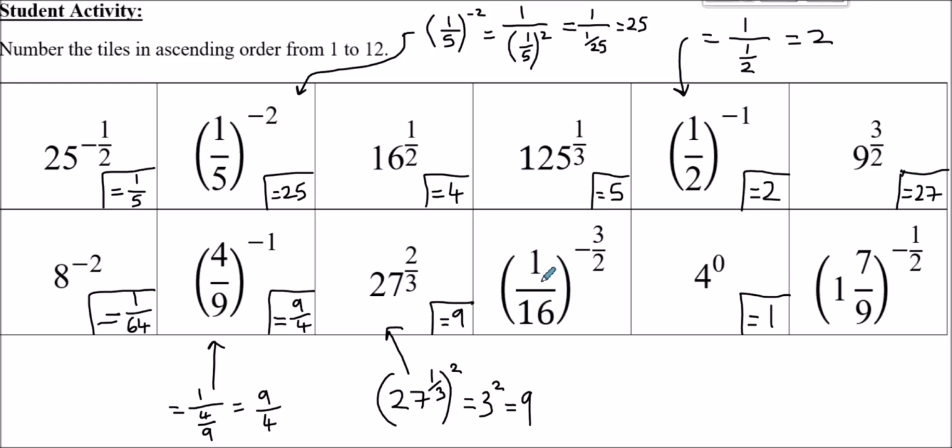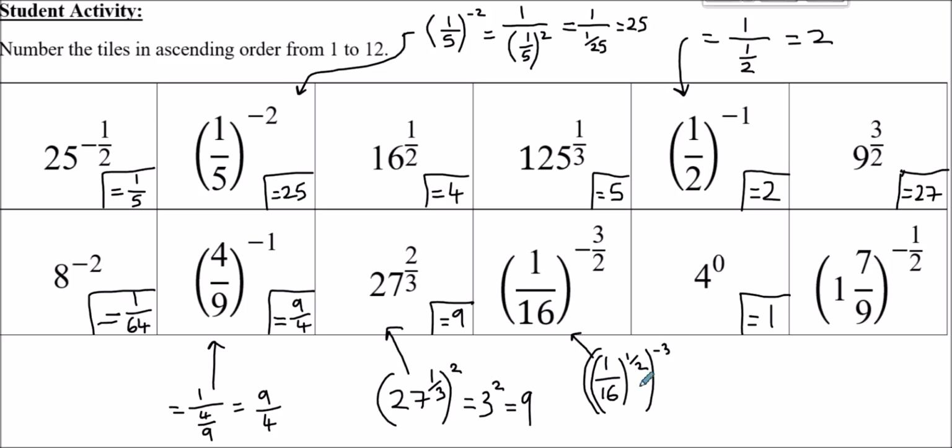So this one here, 1/16 to the power minus 3 over 2. What we could do is think of this as the power half and then to the power minus 3. So it's the same as saying it's 1/16 to the power half, and then we can do that to the power minus 3 using the power of the power law.